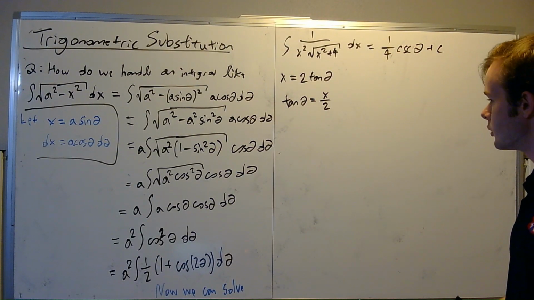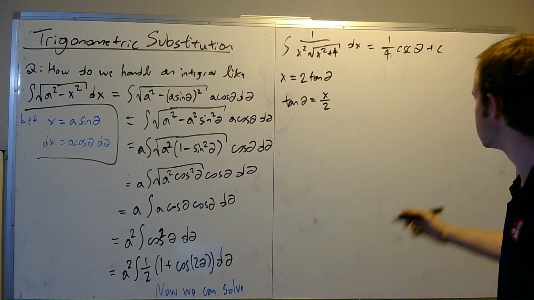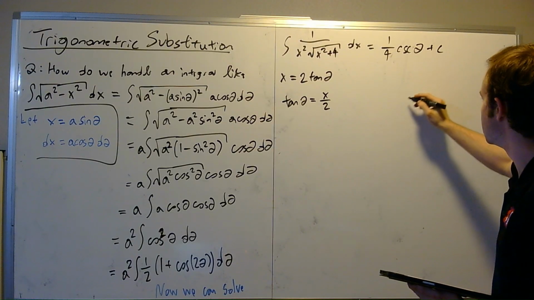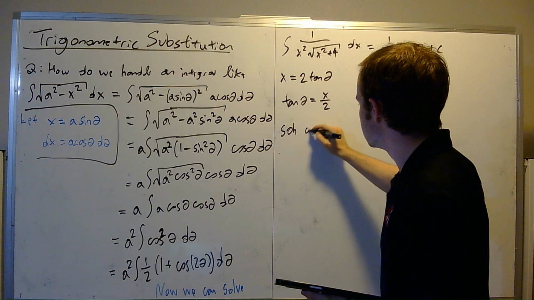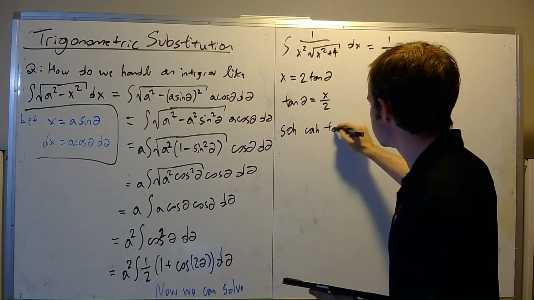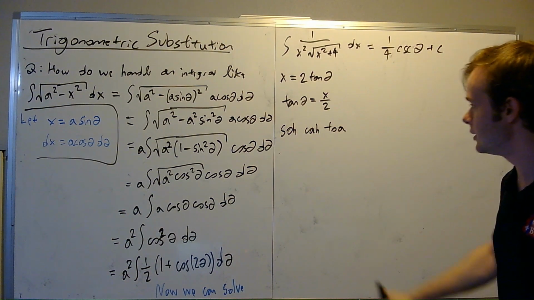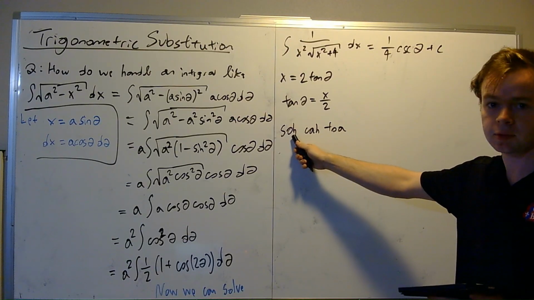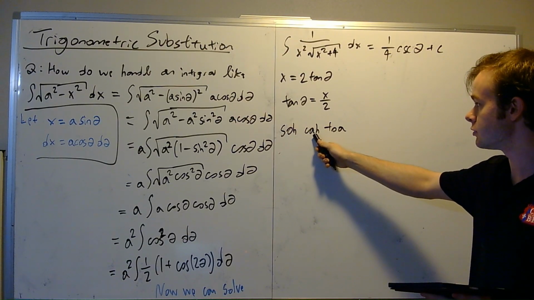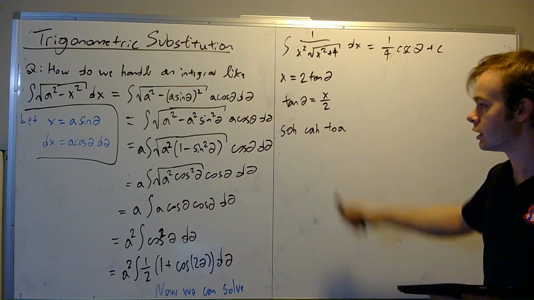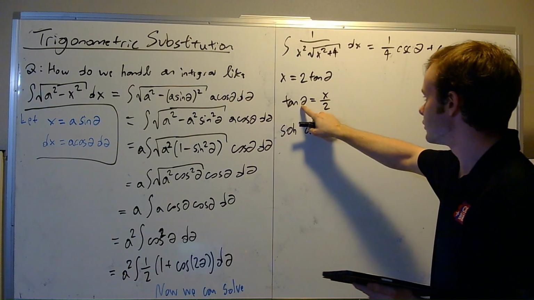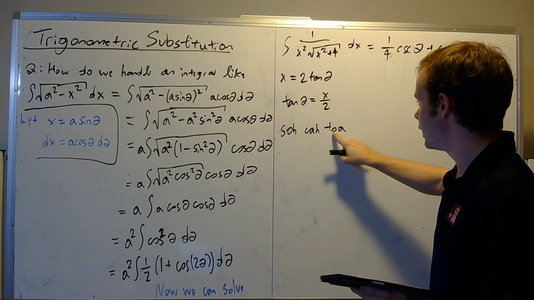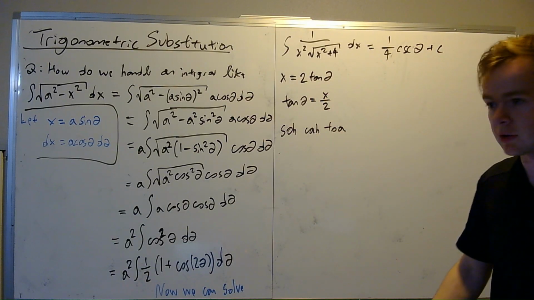And if you remember, we have an acronym in trigonometry: SOH CAH TOA. And what that means is sine is opposite over hypotenuse, cosine is adjacent over hypotenuse, and tangent is opposite over adjacent. So this tangent theta is the opposite side over the adjacent side.